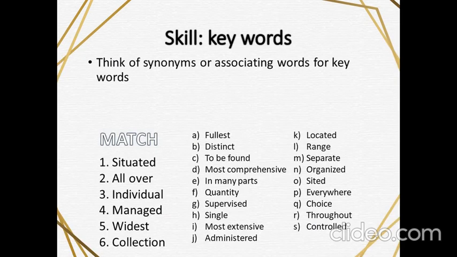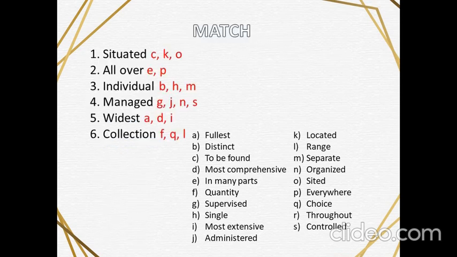To make it easier, I put some options for you, so you can match these options. Okay, here we go. This is the answer. For example, for just the word situated, you have 3 synonyms, which are to be found, located, and sited.